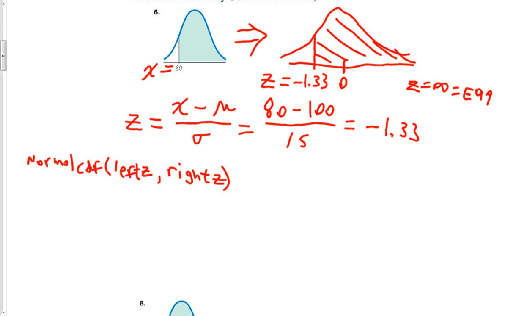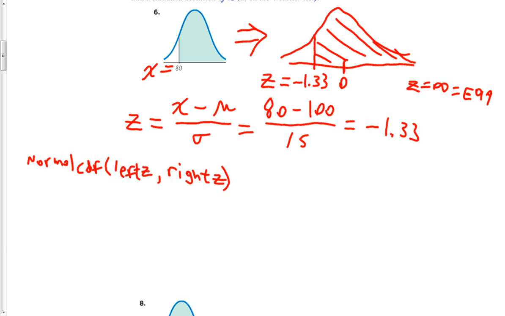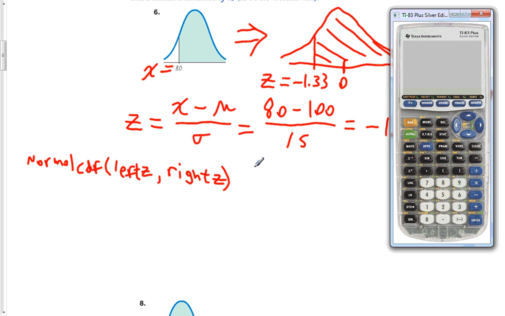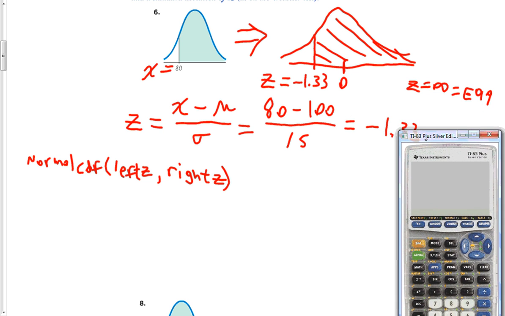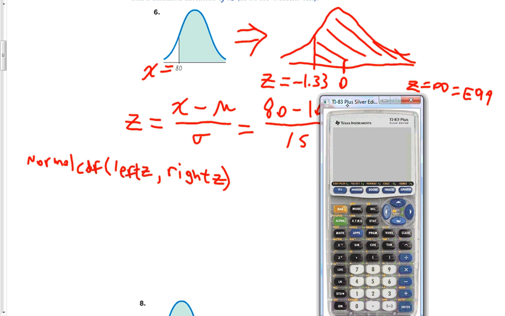So let's go ahead and do that on our calculator here. We'll bring out our TI. Like we said, we're going to use a left endpoint of negative 1.33 and a right endpoint E99. So we'll turn it on and let's clear this. We're going to go to the distribution.